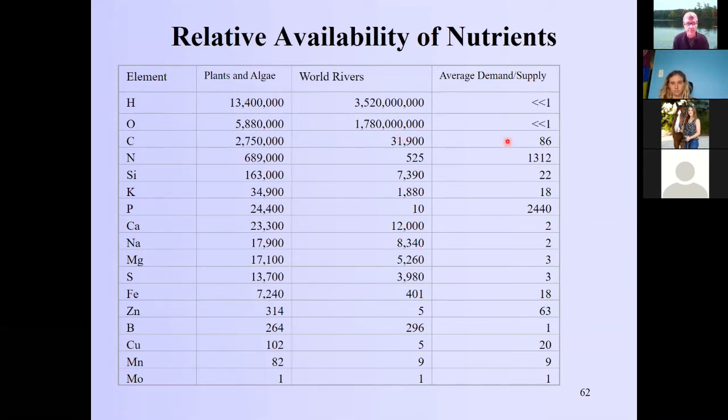But then when we get down to nitrogen, the demand is way higher than what's available. This is way higher than this. And the other one that's that way is phosphorus. This is way higher than this, right? So we get our first clue from this of what nutrients might be limiting primary production in freshwaters.